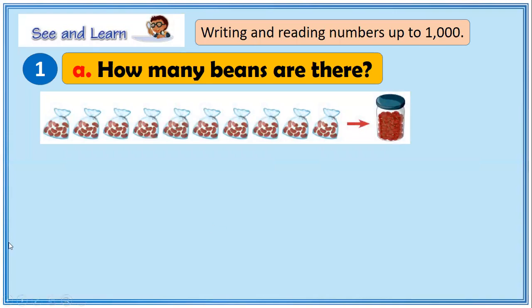As you can see, we have here how many bags of beans? Okay, let us count. 1, 2, 3, 4, 5, 6, 7, 8, 9, 10. So we have here 10 bags of beans, and each bag contains 10 pieces of beans.